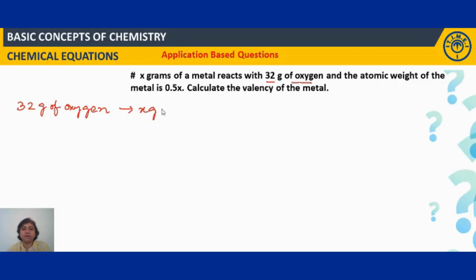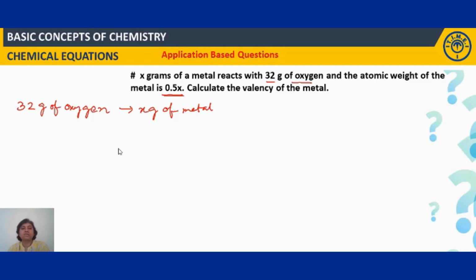X grams of metal. Why we have written that? Because I would like to calculate its equivalent mass. So if we can calculate the equivalent mass, atomic mass is already given, then we can easily calculate the valency.